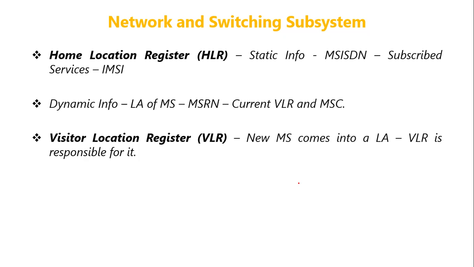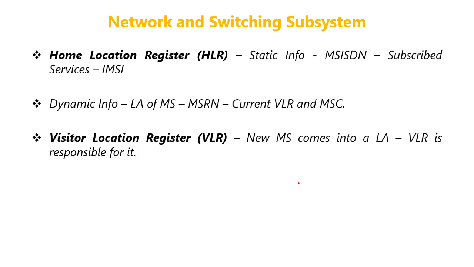The visitor location register is responsible whenever a mobile phone moves from one base station to another. It is basically a dynamic database which stores all information needed for the MS users currently in that location area. If a new MS comes into the location area, the VLR is responsible for it.